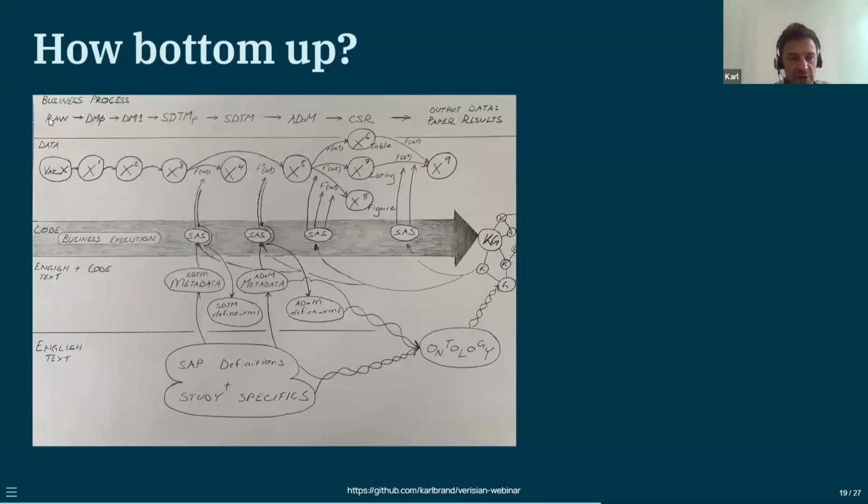So these are the transformations of a variable from the incoming raw data from the site all the way through to the clinical study report, and finally on to what the regulatory authorities will receive. Here I have variable X, so this could be any variable in a clinical trial, and I represent the number of transformations that it will go through towards its goal. So that is the data level.